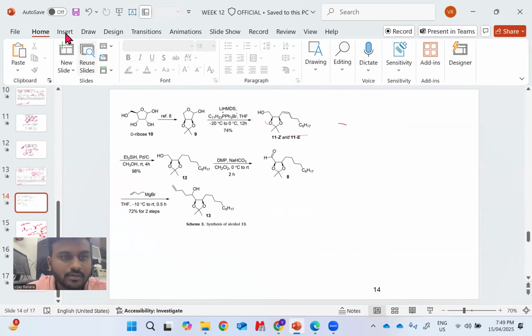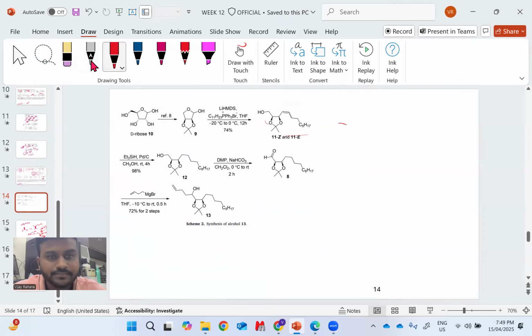So upon addition of the LiHMDS, that's the base, upon addition of the base, the compound 9 is converted into the OH, and here it is converted into the aldehyde, and this remaining group will remain as it is with the same stereochemistry.